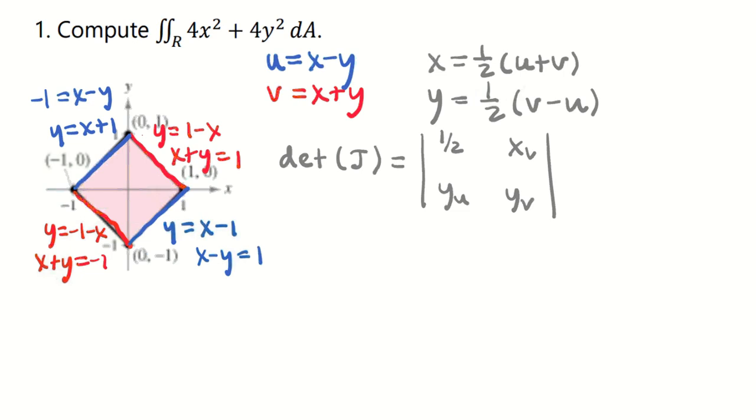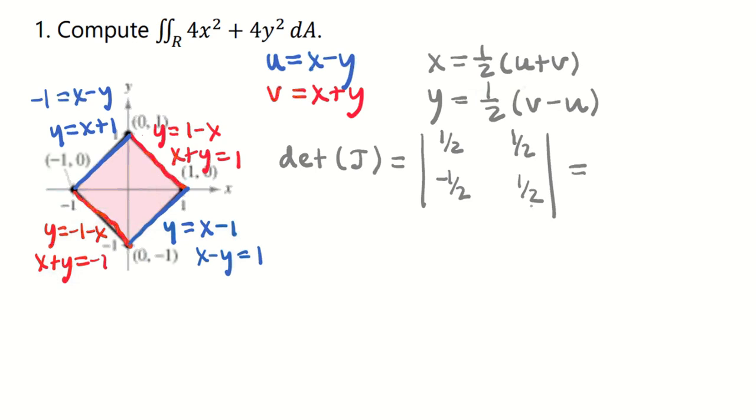The derivative of x with respect to v is also going to be 1/2. The derivative of y with respect to u will be negative 1/2. And the derivative of y with respect to v will be, hold on, that's a positive half. I don't know why I was tripping on that.